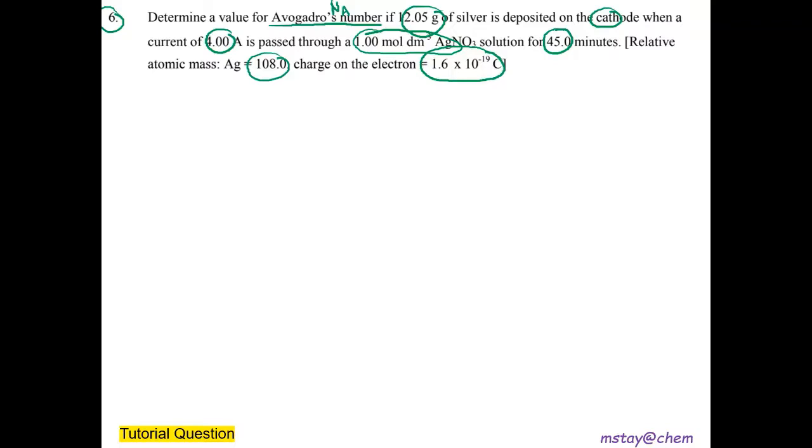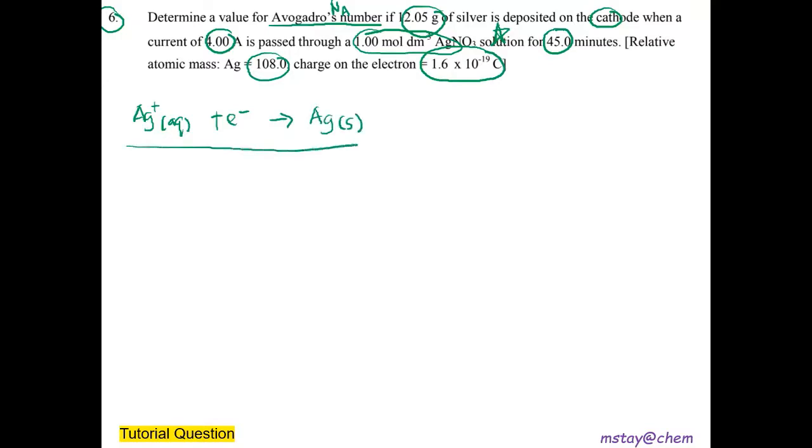So as usual, we write the half equation. Silver ion, the physical state is aqueous, because here we can see the word solution. And then gain 1 mole of electron to produce 1 mole of silver solid.